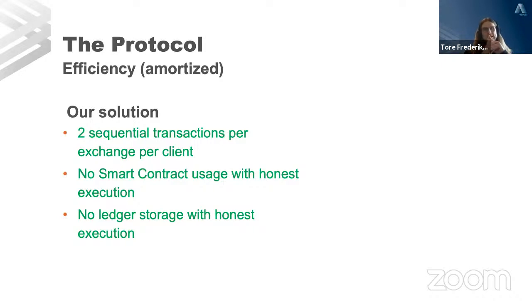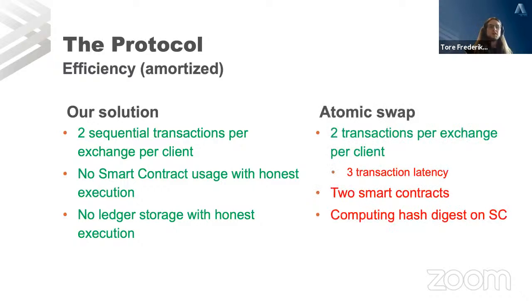What I mean with this is that the client needs to transfer the money to the burner address, and then after the computation, the servers must transfer the money from the burner address to the recipient. And this is on par with what's done in the centralized solution. We also, in the optimistic case, when nothing goes wrong, don't need to use any smart contracts at all. All we need is the burner addresses and basically accounts on the blockchains to exchange from.